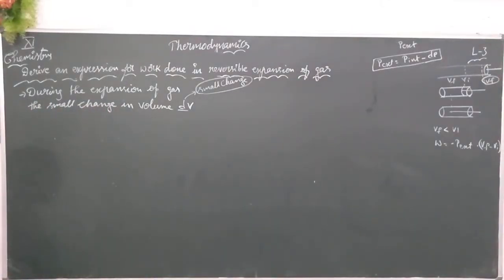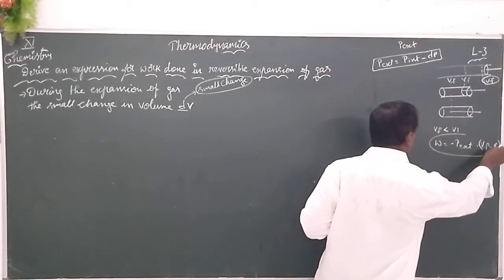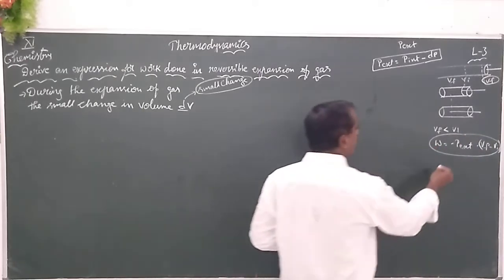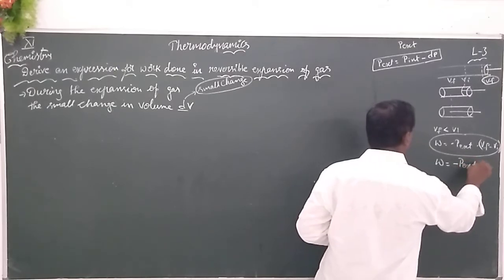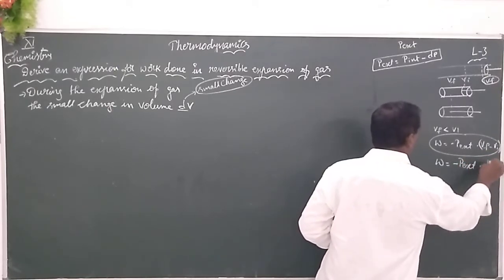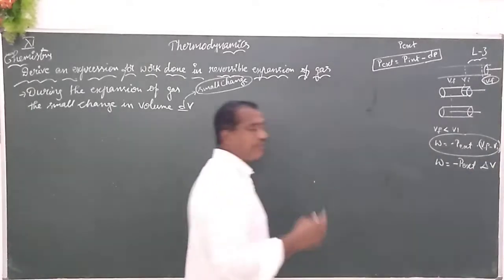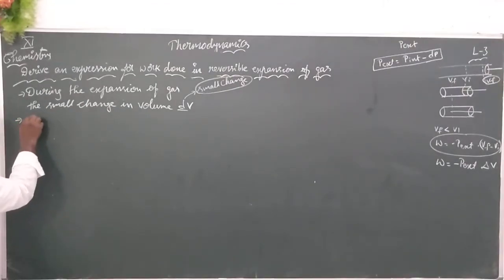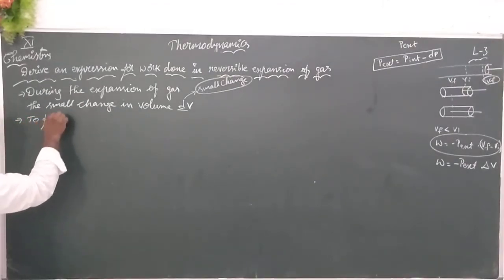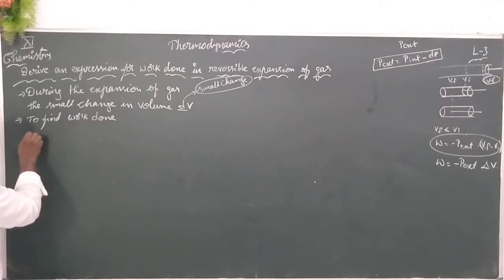So let us see how we had given the work done previously. We had given the work done in this method in the last class, or we can also give this as W is equal to minus P external into delta V. But now let us see how to find work done during the reversible expansion.